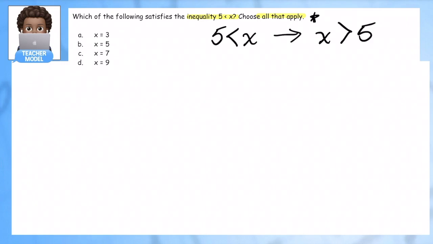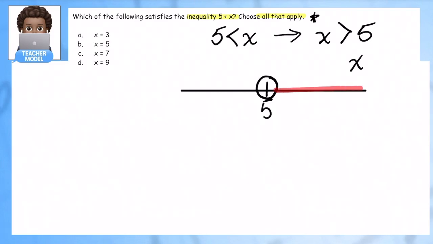So let's look at this. We have different values for x right up here, and we're going to see which ones make it true. I'll start by making a quick visual, and I'm going to put 5 here in the middle, and I want x to be greater than 5. So I'm going to put the x here on the right side, and this means that every single number, notice I'm opening that circle here, every single number that is greater than 5 will make this statement true.